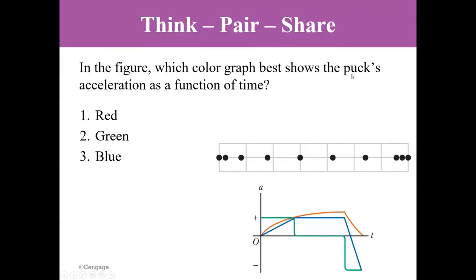Which color graph best shows the puck's acceleration as a function of time? I say green. So this is the acceleration. Here it was constant. Here it dropped to 0. If you take the green, it does not drop to 0. It's still moving up. So I will not pick green.